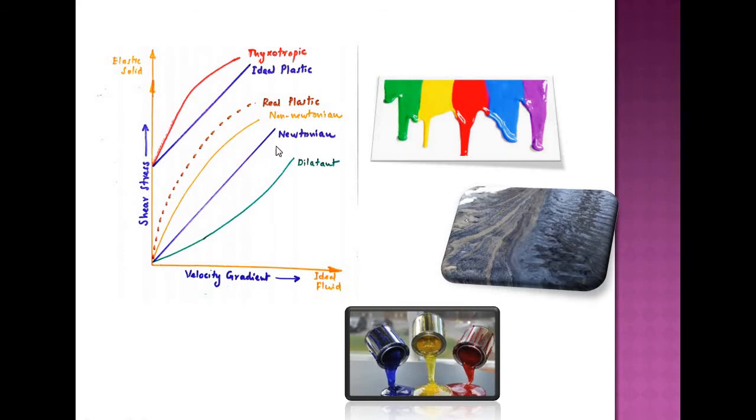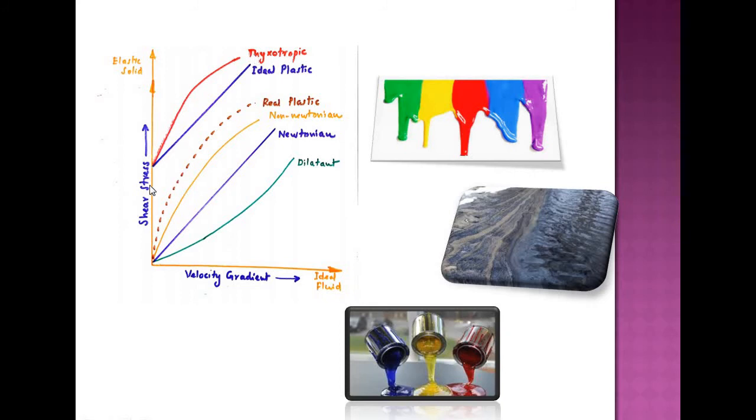You can draw this Newtonian, that is the blue line, the dilatant one, that is the green one, non-Newtonian, any fluid having a value of n not equal to 1, then it's real plastic, as we have seen in the previous diagram. Then this ideal plastics and thixotropic.